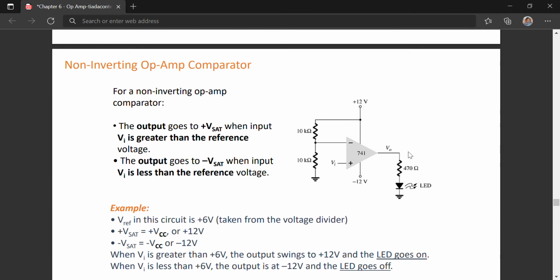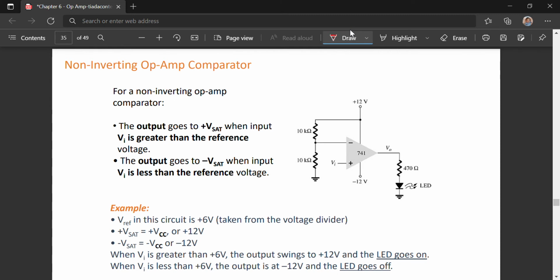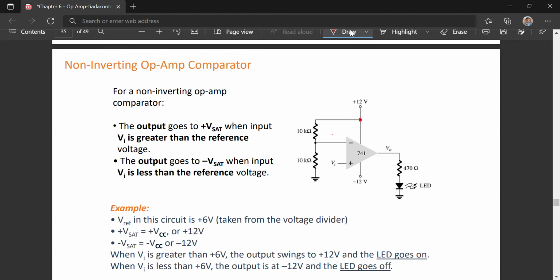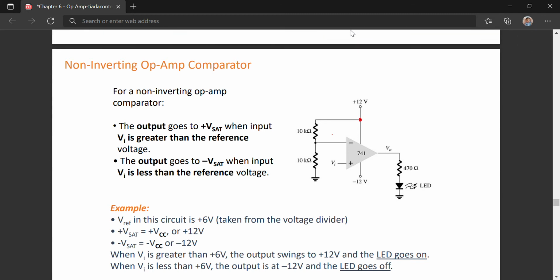Alright, let's see another example. Here, the input is connected to the positive VCC. So what you can do here is find how much is the voltage at the V minus over here. You can use the voltage divider concept to determine how much is your V minus. So V minus equals 10K multiplied by 12 divided by 10K plus 10K.